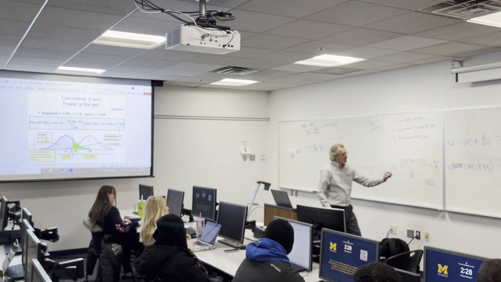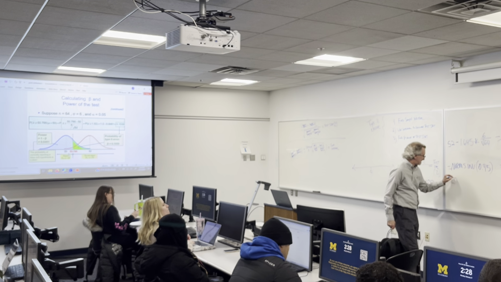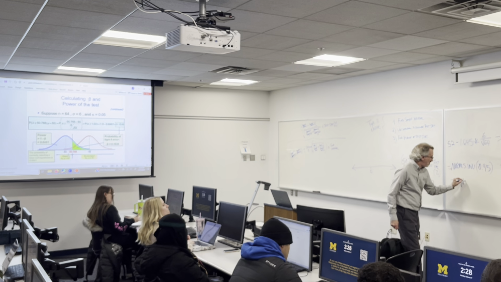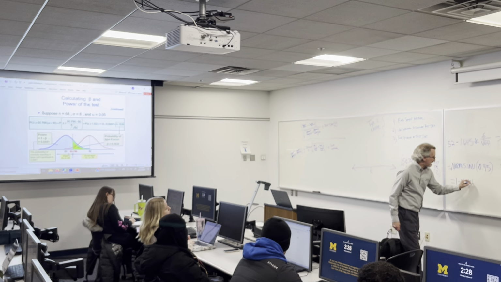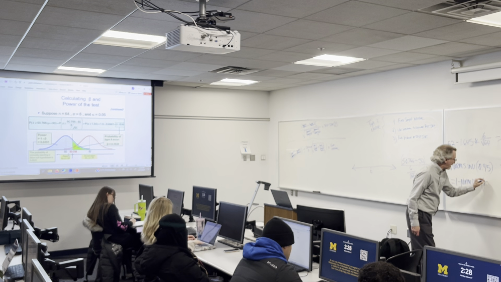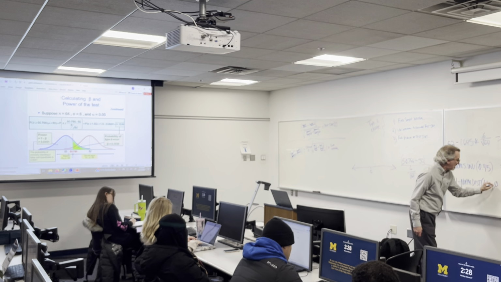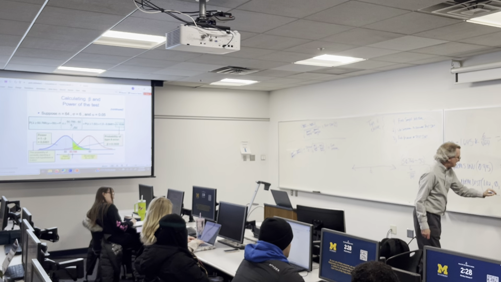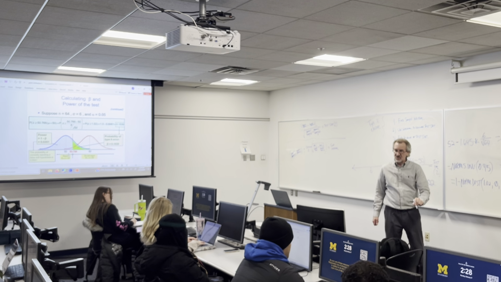Here we go. Equals, is that positive or negative? It's a positive. 1 minus NORM.DIST(1.02, 0, 1, 1). It's a one tail. We don't multiply times 2.